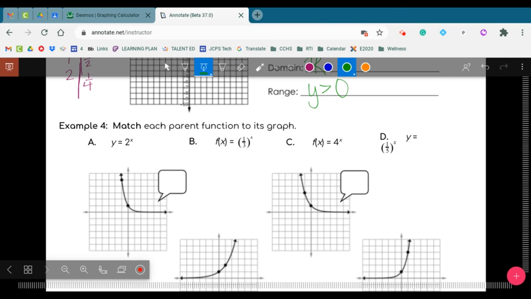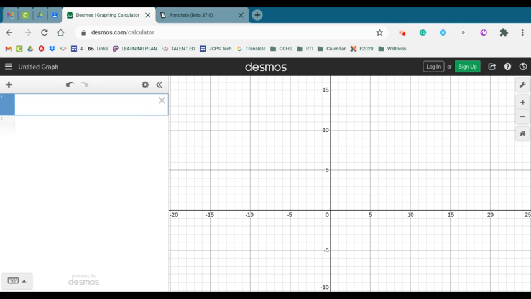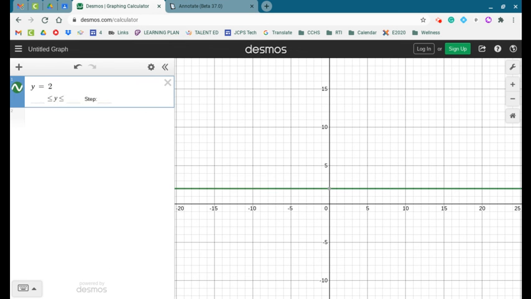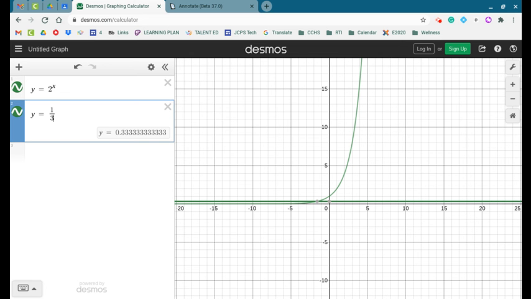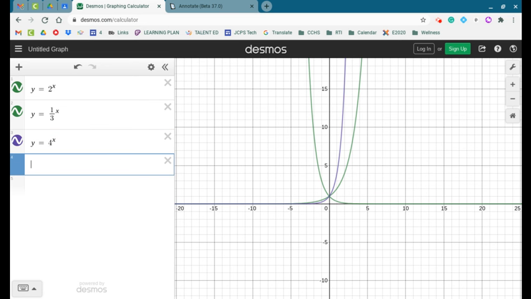It says match each of the functions to the graph. For this one, you just really need to type each of these into the graphing calculator. So I'm going to have y equals 2 to the x. y equals 1 divided by 3 to the x. y equals 4 to the x.